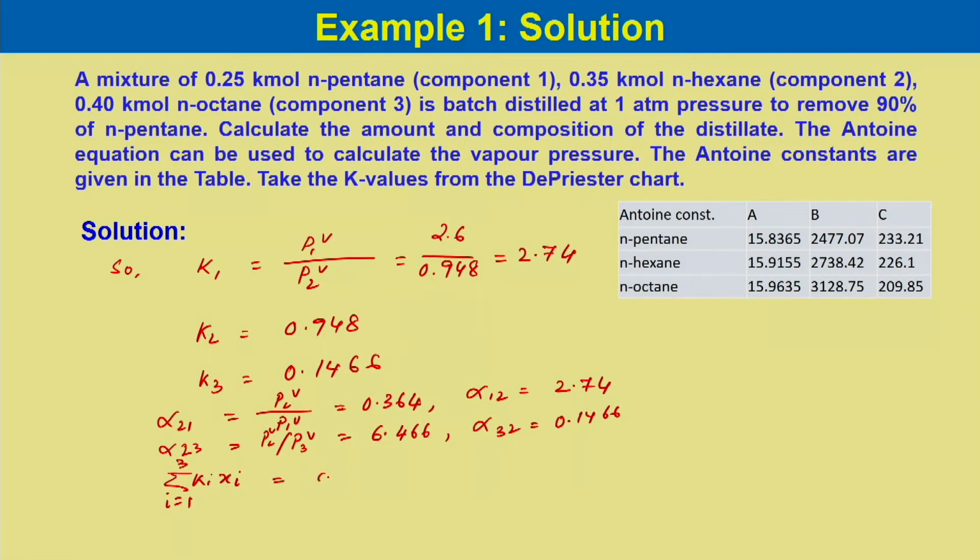So, this would be 0.25 into 2.74 plus 0.948 into 0.35 plus 0.4 into 0.1466, which is equal to 1. So, that means the temperature which we have obtained is correct as a bubble point.